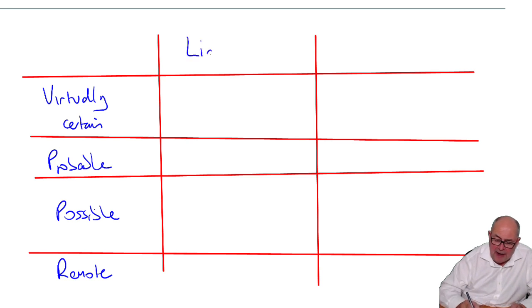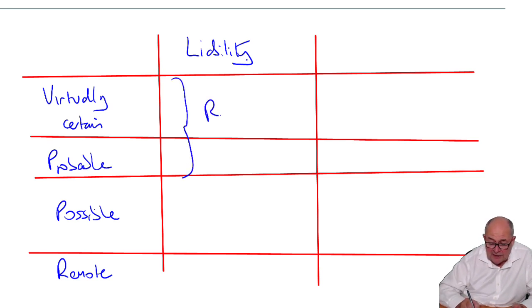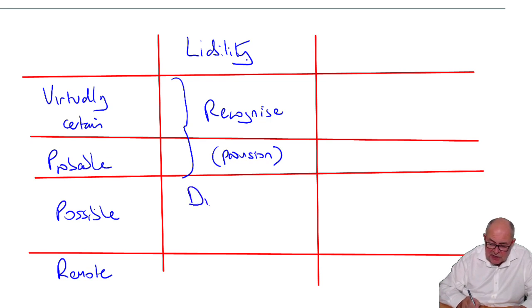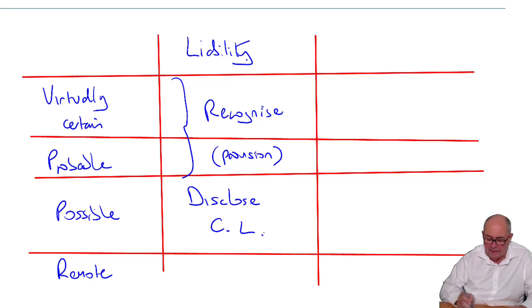If you're thinking about a liability, including a provision, then I would recognise the liability if it was probable or virtually certain. That's again when you've got a provision coming in. If it's not a round sum, then it would just be a liability. If it's a possible liability, I would disclose, and of course it's called a contingent liability.